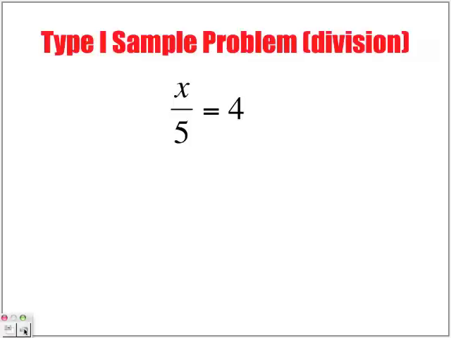Type 1 sample problem now when we're dealing with division. So what we have here is, again, same thing. We're separating the left side from the right side, our unknown and our known value. So we're going to keep it the way it is, but the only difference is the following.